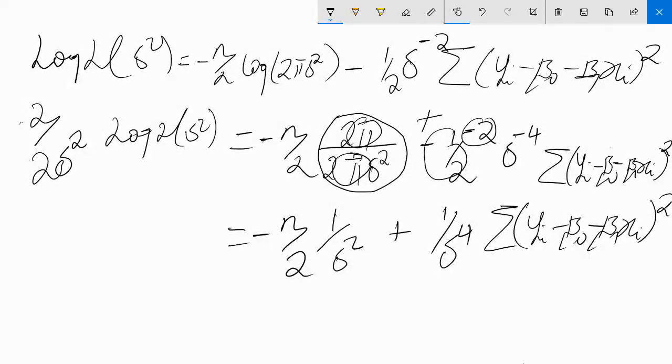After differentiating, we set the partial derivatives to 0, and we replace the parameters by the estimators.